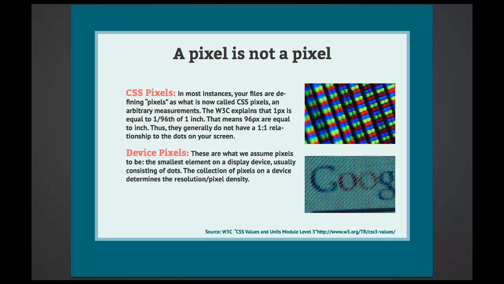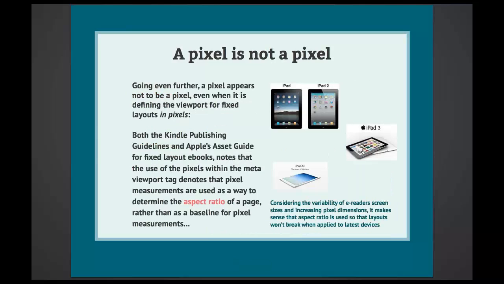So generally when you're writing pixels in your CSS, they are not equaling a 1-to-1 ratio to the pixels on your device. Then there are actual device pixels, and that's what we assume pixels to be. Those are the smallest element on a device display. They typically aren't called very often in CSS, and I'll go on to explain that a bit more.